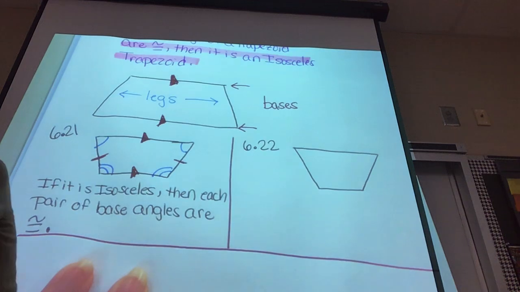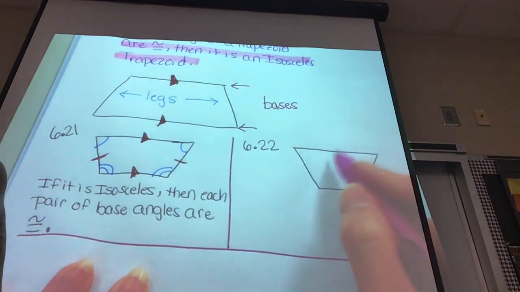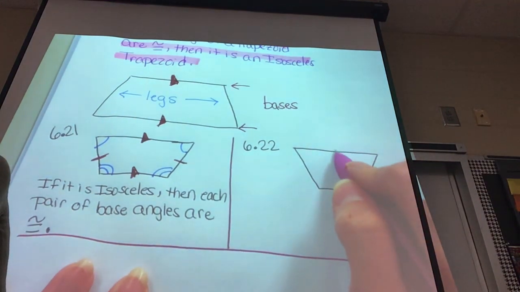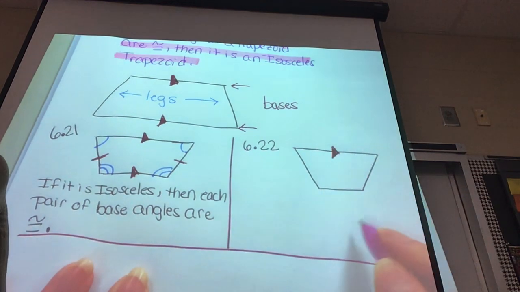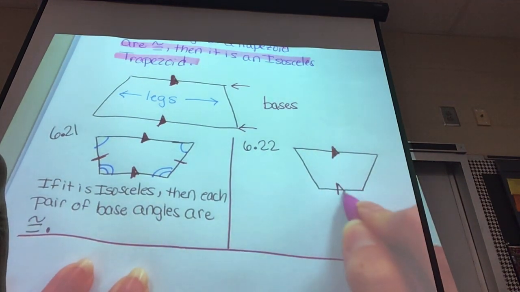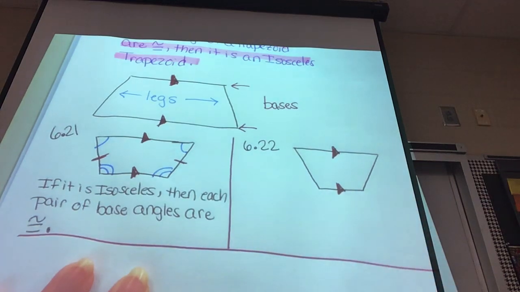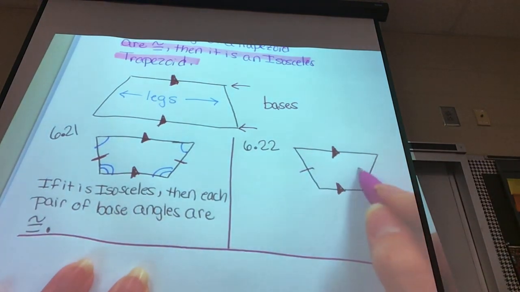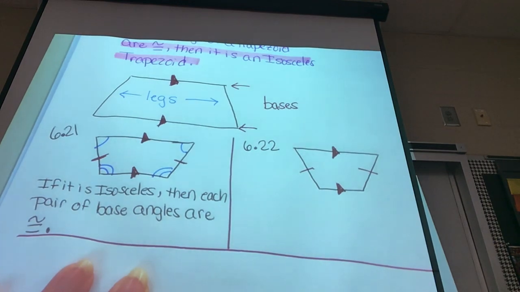So I've got my trapezoid. Again, I have my two parallel lines. And of course, since it's isosceles, I know my two sides are congruent.